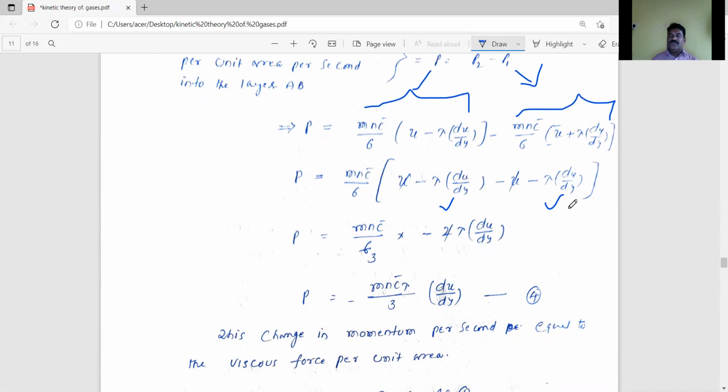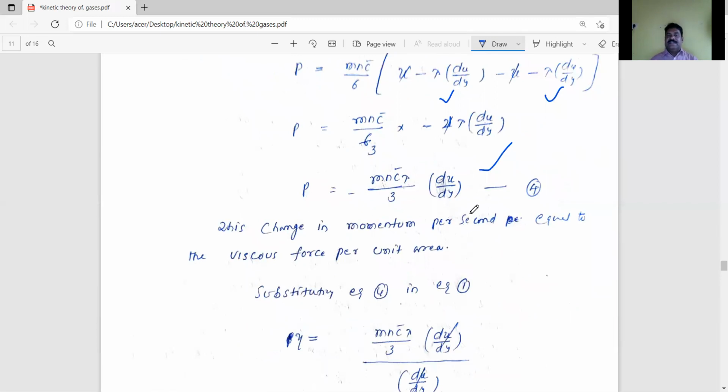If you add these two values, you get minus 2 lambda du by dy. Here 2 ones are 2 threes, so you get P equal to m n c bar by 3 into lambda du by dy. So, this is the net momentum transferred to the layer AB from the upward and downward directions per unit area per second.